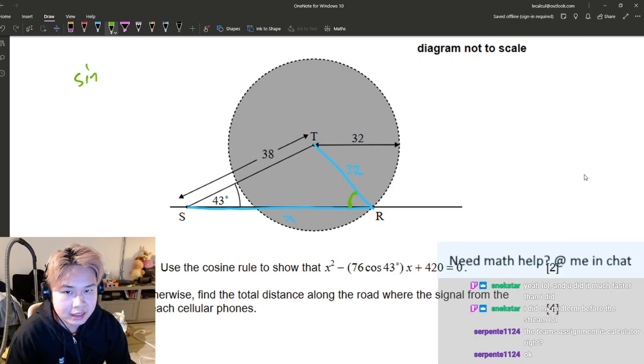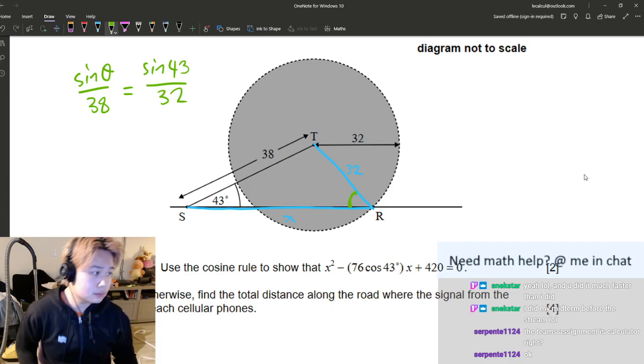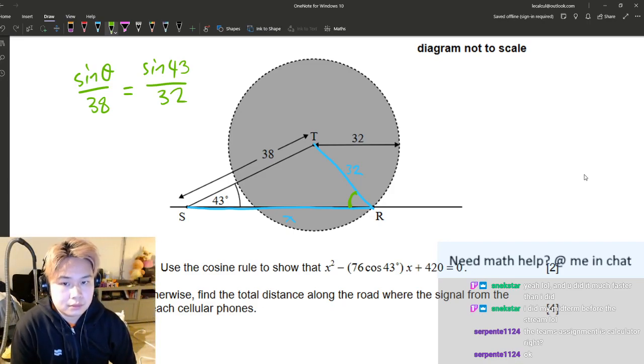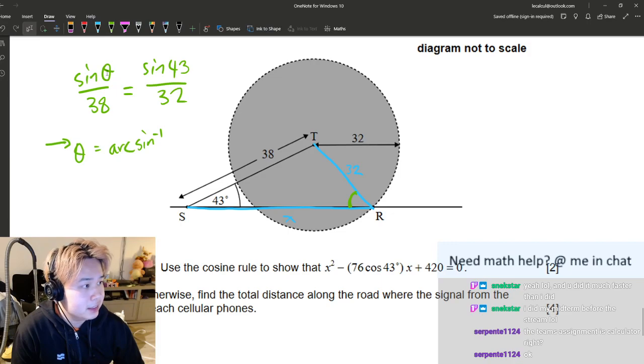So this says that sine of that angle over 38 should be equal to sine 43 over 32. So that means that my angle theta is the inverse of sine of this stuff times 38.